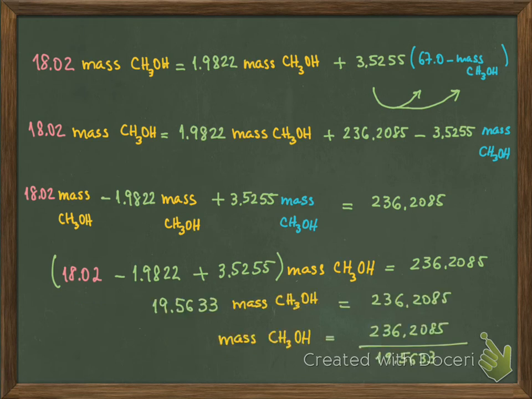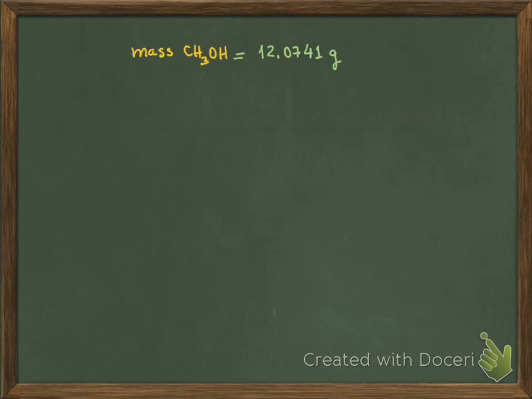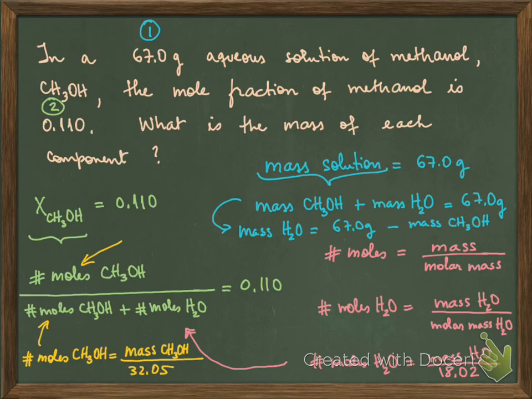So we find the mass of methanol as simply being 236.2085 divided by 19.5633. Therefore, the mass of methanol is 12.0741 grams. Recall that the mass of the solution is 67 grams, so the whole thing has a mass of 67 grams.